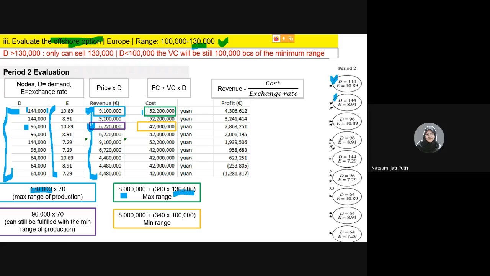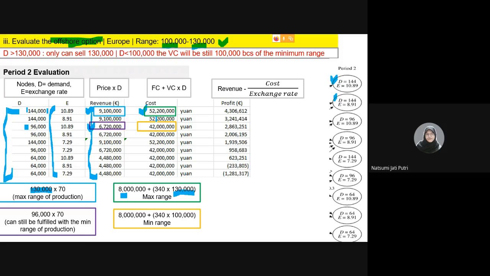Then we get the cost here, and for the yellow box, it is the same: fixed cost plus the variable cost times 100,000. Even though the demand is 96,000 and we can fulfill it, our minimum range of production is 100,000.